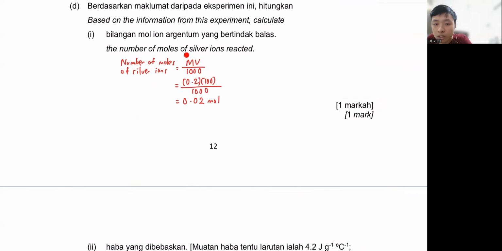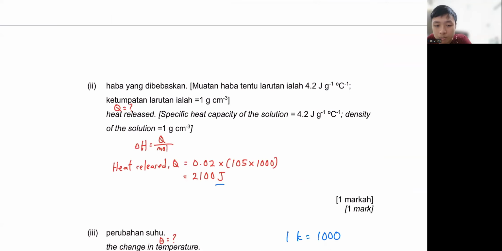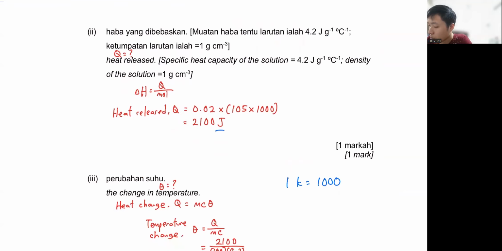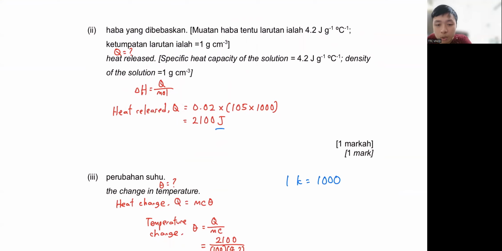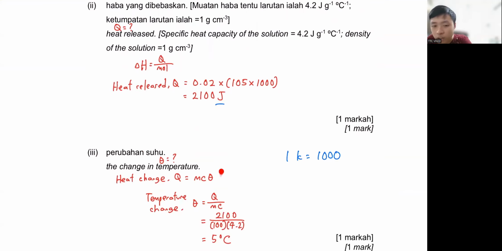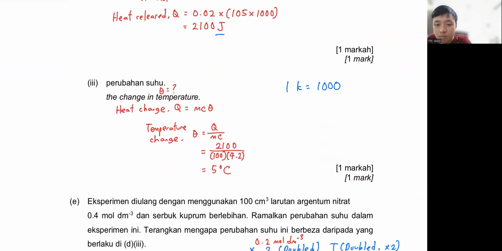If the molarity increases, the number of moles increases. If the number of moles increases, Q also increases. If Q increases, theta also increases.